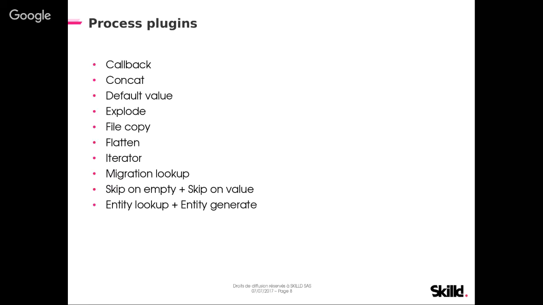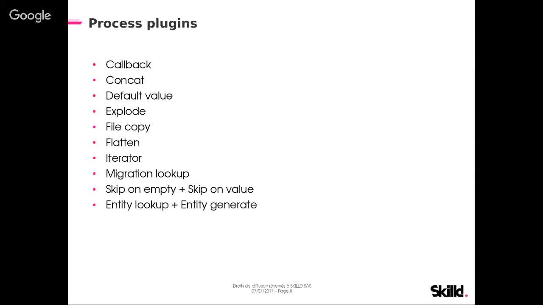Flatten allows you to convert a nested array, like a multi-dimensional nested array, into a one-dimensional array with just values. So it will take all the values from all the levels and put them into a one-dimensional array. Iterator plugin. This is a good one.